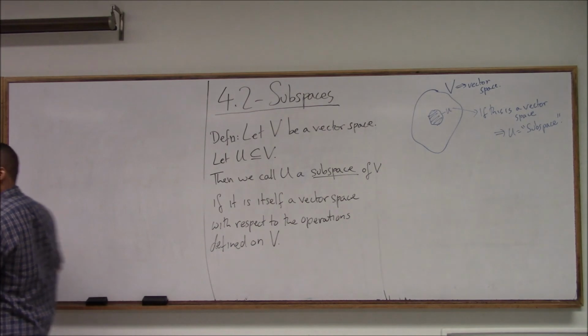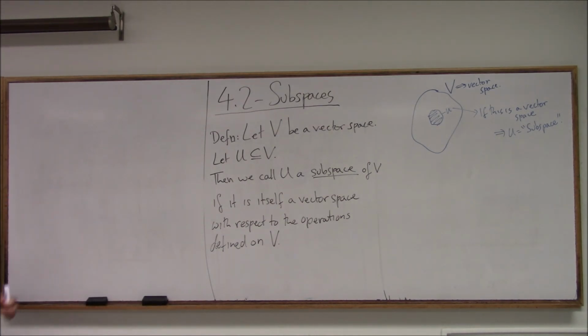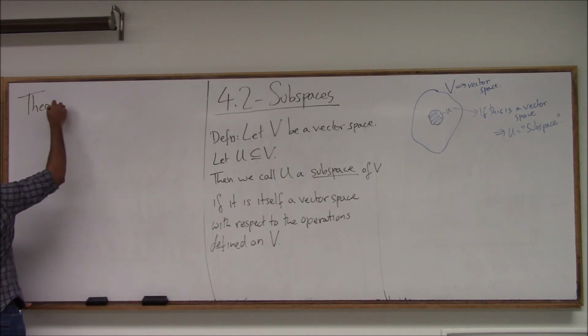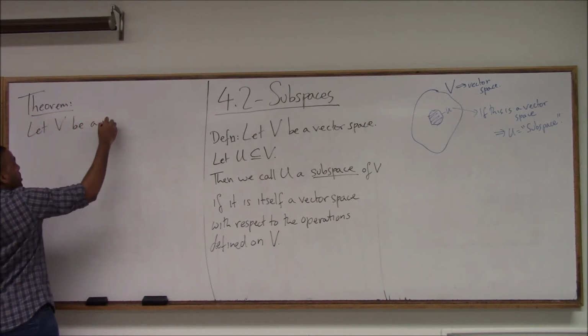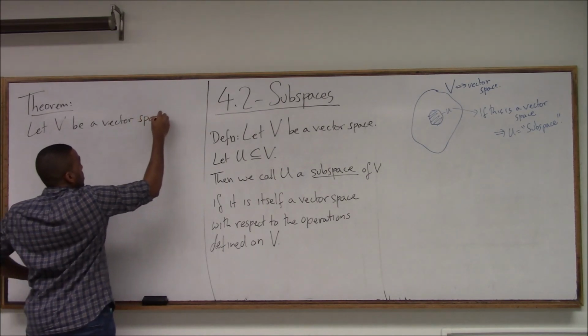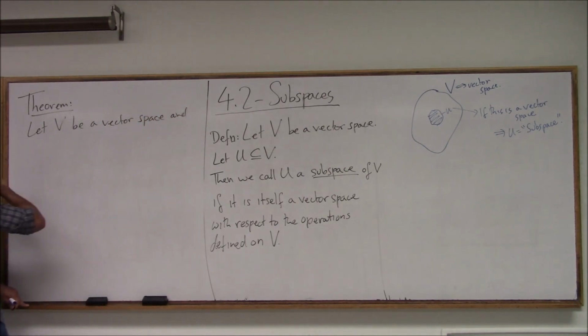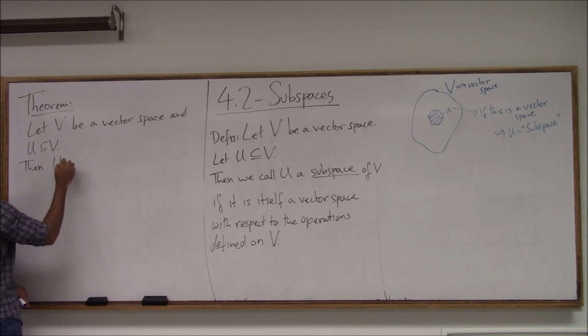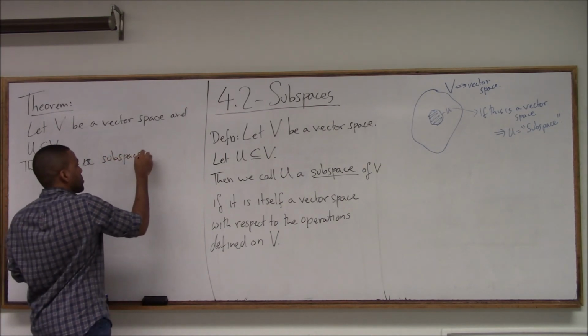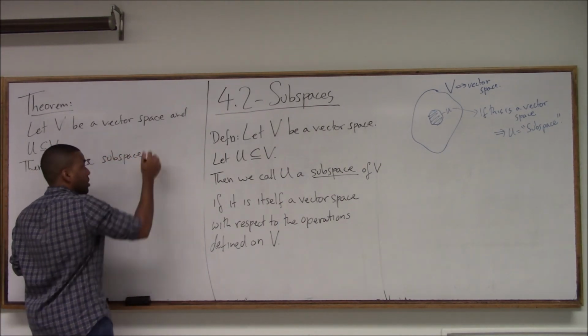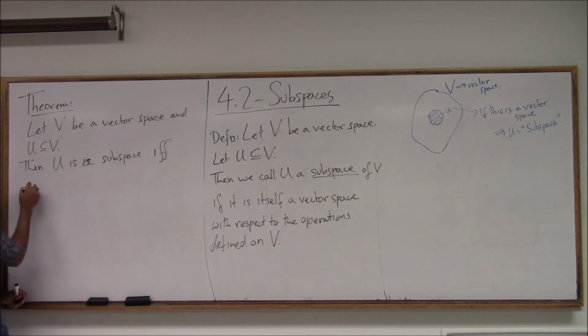I'll give you a theorem that tells you when you will have a subspace, and some people use this as an equivalent definition. Theorem. Let V be a vector space and U be a subset of V. Then U is a subspace if and only if two conditions hold.